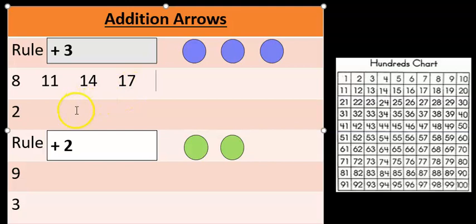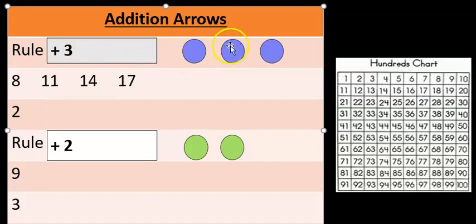Now, first graders, let's come here now to 2. 2 is going to do the same thing, okay? Up here we had 8, now we have 2 down here. Our rule still says plus 3.